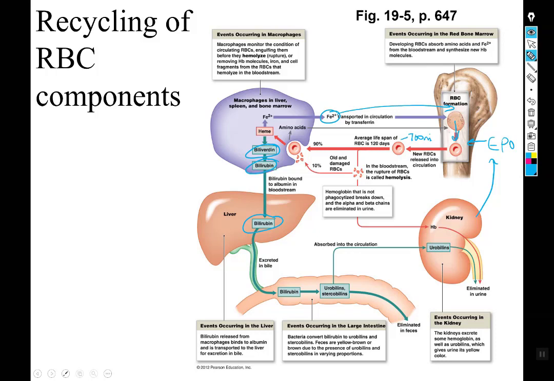So it's secreted into your intestines in order for the fat to be emulsified, and then bacteria in the colon are going to convert bilirubin into urobilin and stercobilin. Some urobilins end up via absorption with water back in the bloodstream and are eliminated in the urine. Others are eliminated in the feces. So this is why pee is yellow and poop is brown.